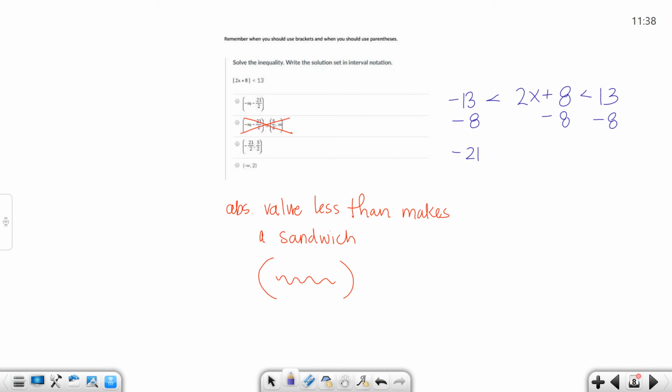So -21 is less than 2x, which is less than 5. We'll divide by 2. So -21/2 is less than x, which is less than 5/2. So looking at our multiple choice lineup, -21/2 to 5/2 is this one, and that is your answer for that particular one.